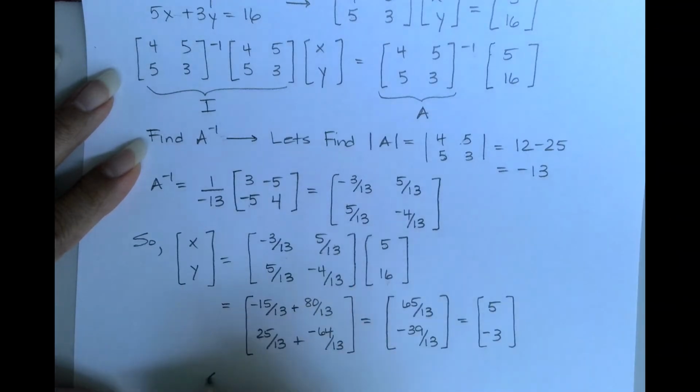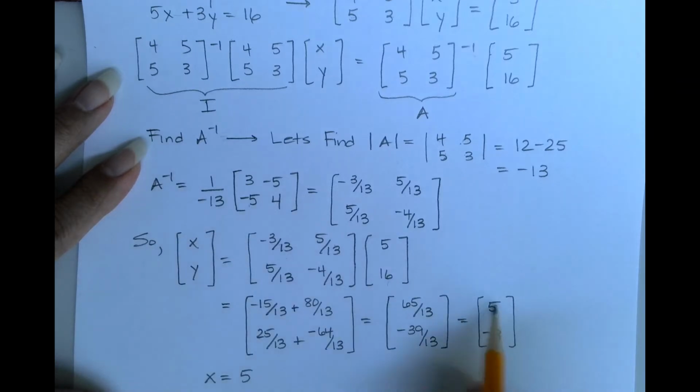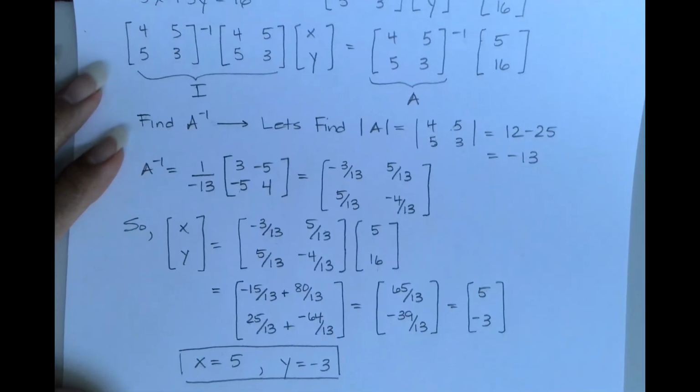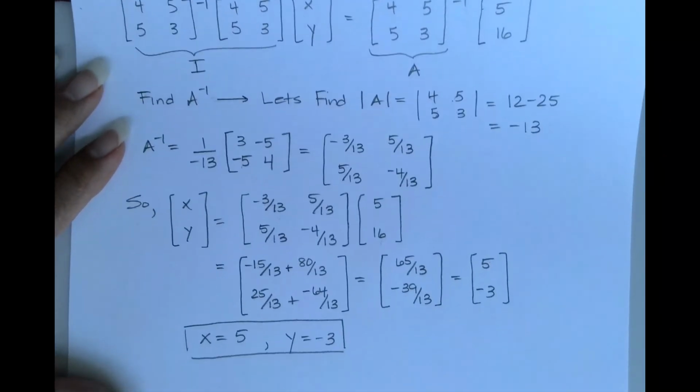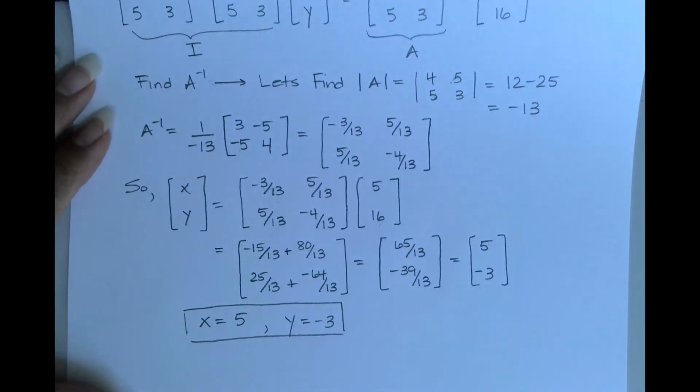So all of that to say that x is 5 and our y is negative 3. Okay? So this is how we solved our x and our y in our last lesson. So I want to introduce to you another method of solving systems.